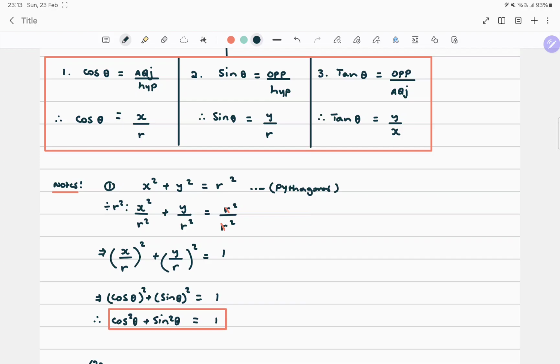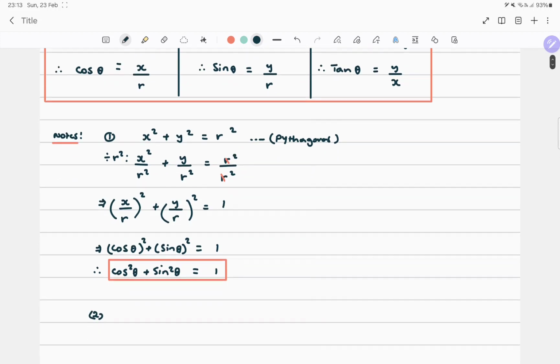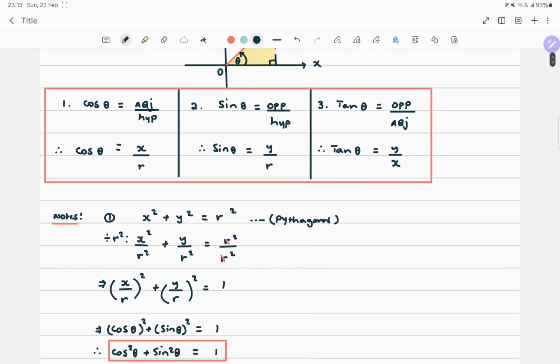Now I want us to play a very smart game because we need to identify something. Okay, maybe let's not identify, let's just do it.